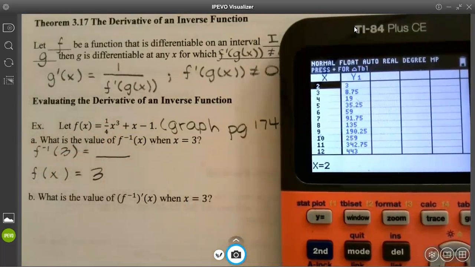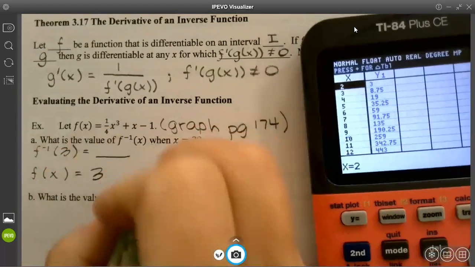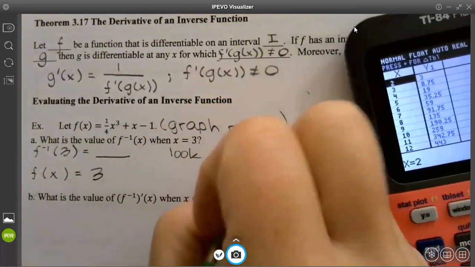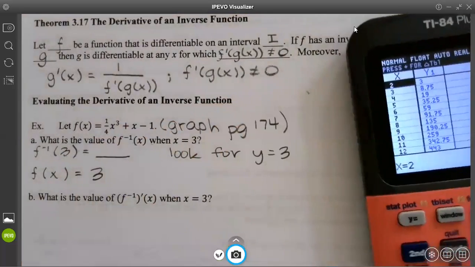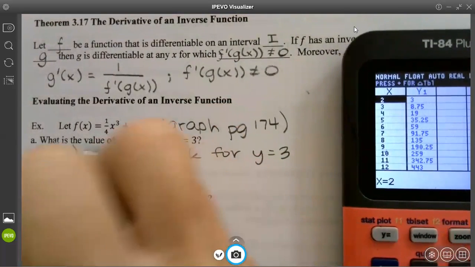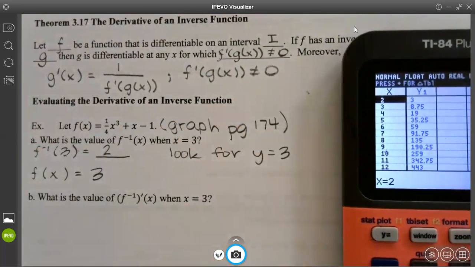Remember your inverse, you have x and y switched. So when I look at my chart, I'm actually looking for the 3 as the y value. So look for y equals 3. And then what does x equal? So your f inverse of 3 is 2.